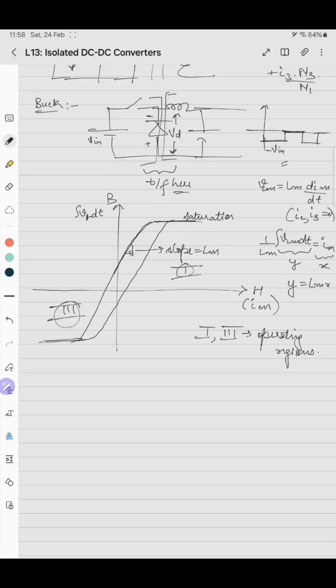We already know that the slope of the BH curve gives mu, so mu is directly proportional to Lm. This we can write, and slope is directly proportional to Lm.